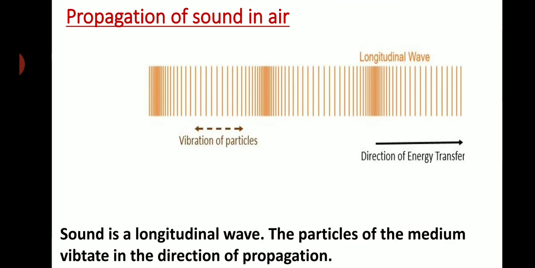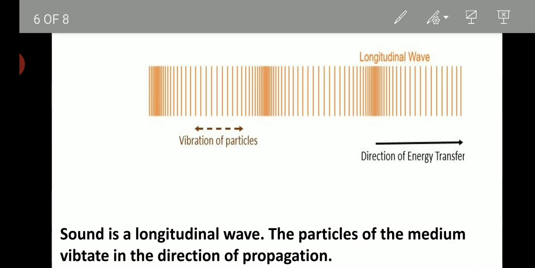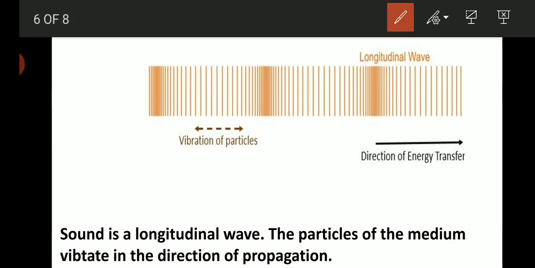Now we learn propagation of sound in air. How does sound propagate in air? Let us consider a source of sound here; suppose this is a loudspeaker, from where sound is coming out. When sound comes out, the membrane of the loudspeaker vibrates.